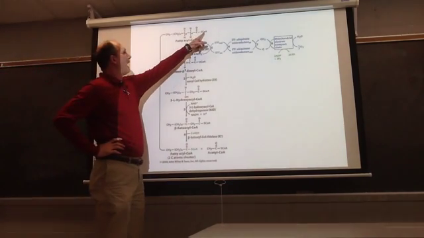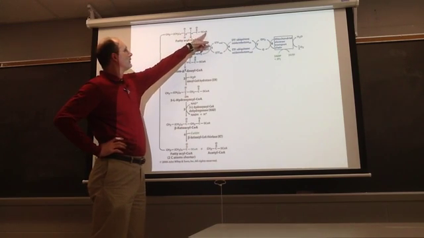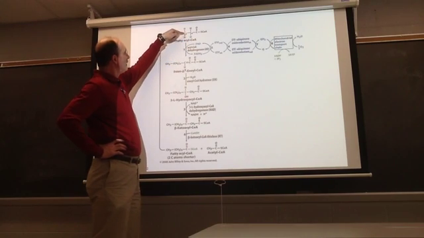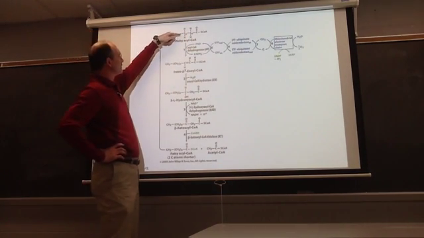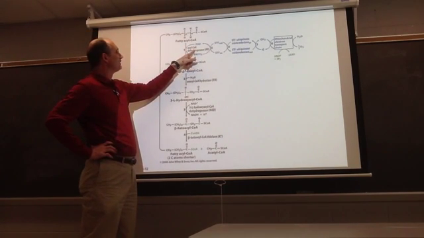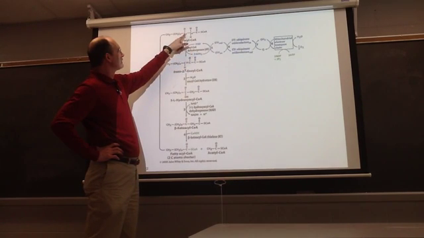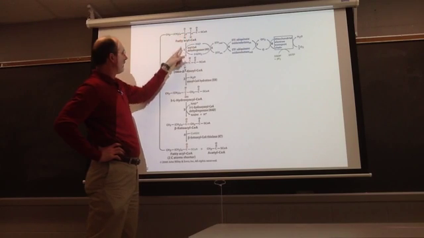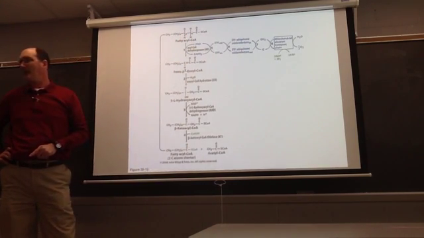So, we have an acyl-CoA, a thioester, right? And so the fatty acid oxidation step goes like this. There is a flavoprotein dehydrogenase that catalyzes the oxidation between alpha and beta to make a trans double bond between alpha and beta.